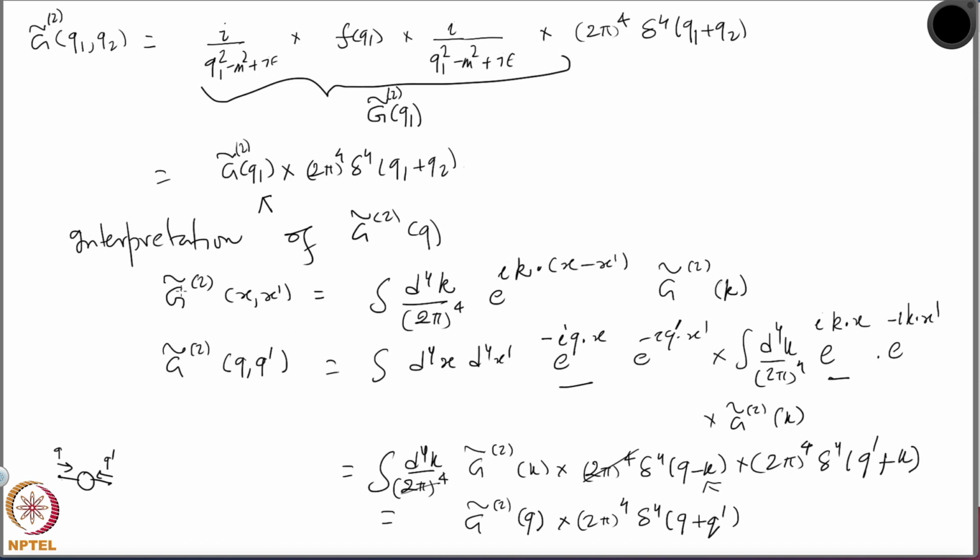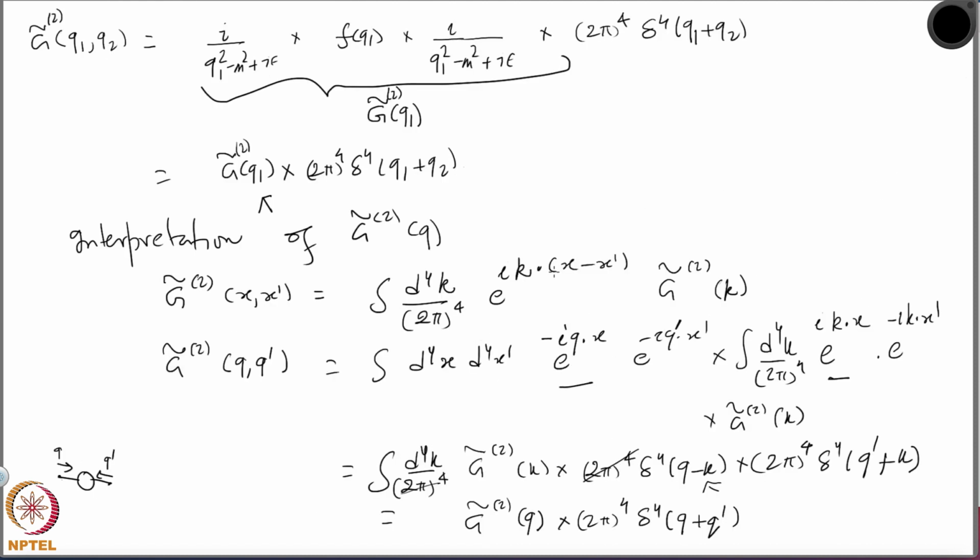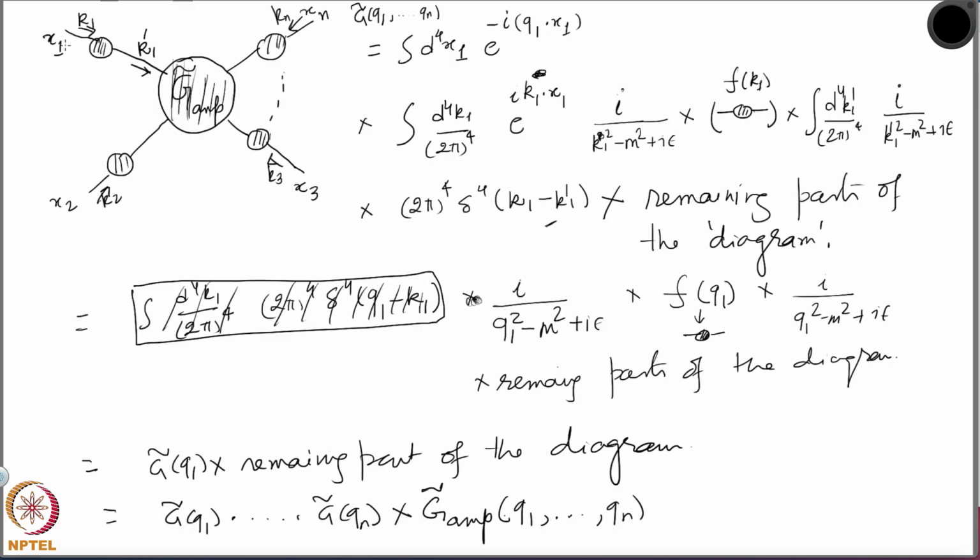Okay, so now we have an understanding of what that factor g tilde 2 of q is. Why? Because you see here, this entire factor is the same as what appears in here. Okay, so clearly this factor times the delta function is g tilde 2 with q1 q2. That is something we argued.